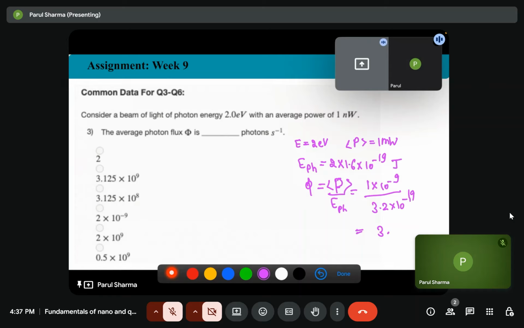So 1 upon 3.2 will be 3.125, so it will give you 3.125 into 10 to the power 9 photons per second. So we want to calculate the photon flux only.